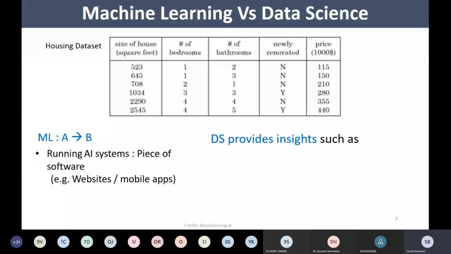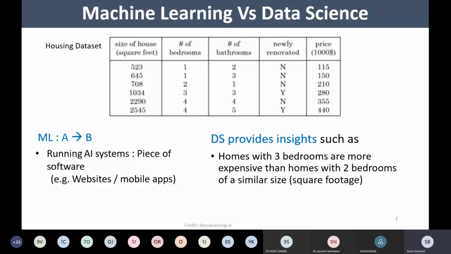Whereas in data science, what we do is we try to get some kinds of insights after analyzing the data. If we are talking about the same data, after analyzing a huge amount of data of such kind, it is possible for us to come up with an insight.